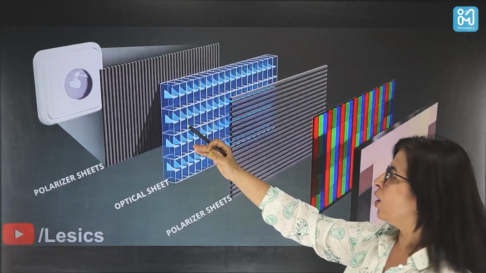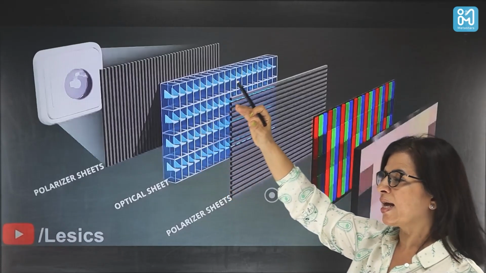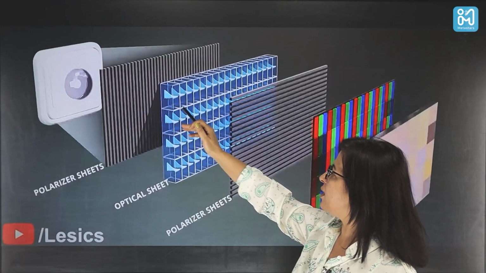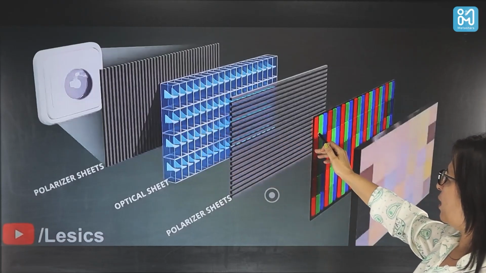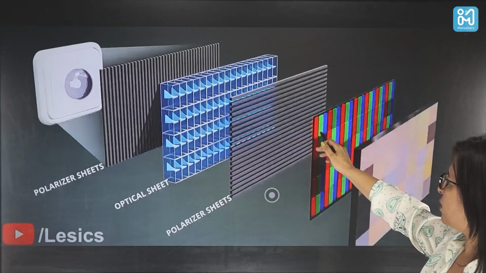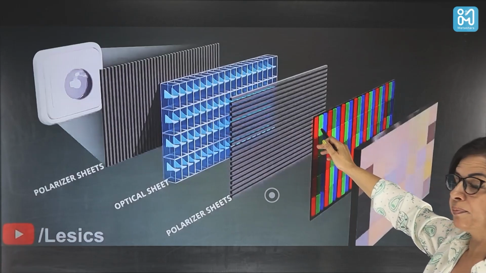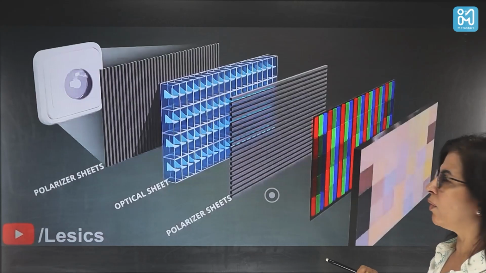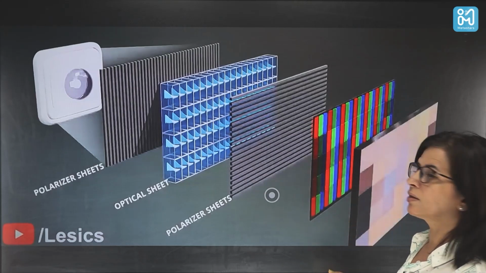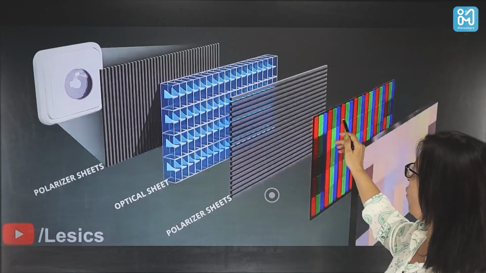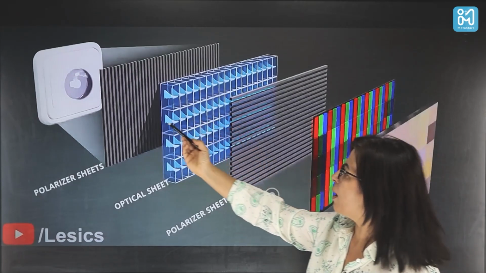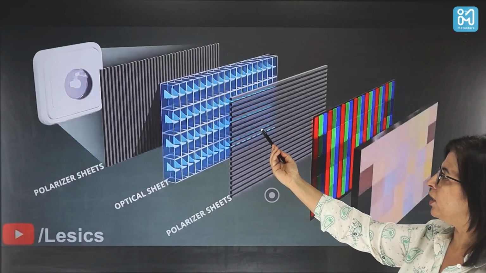Bending the light lowers its intensity. Then it comes through this pixel, for example the red one, and the shading will be different. This applies for all pixels, with different intensities of light passing through the liquid crystal.